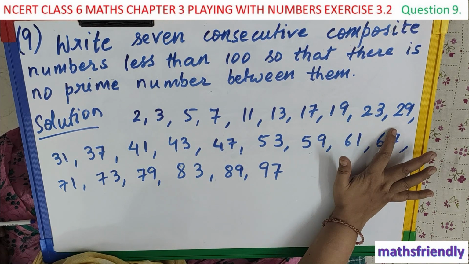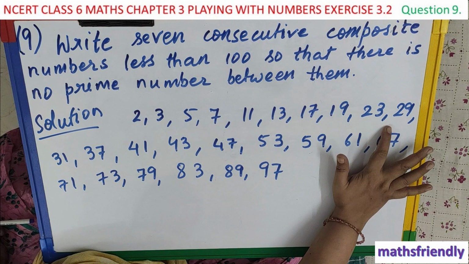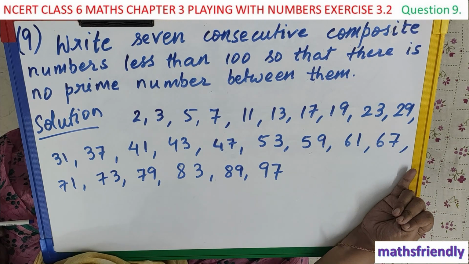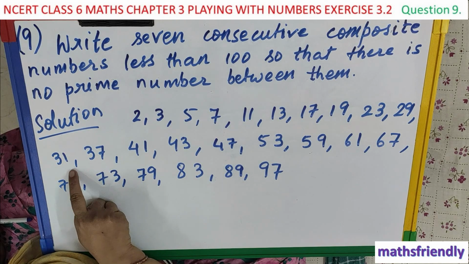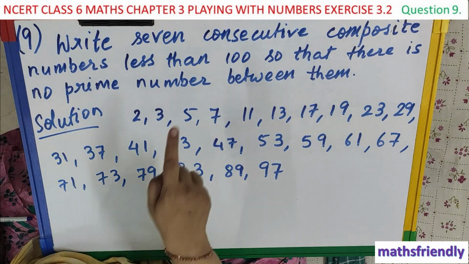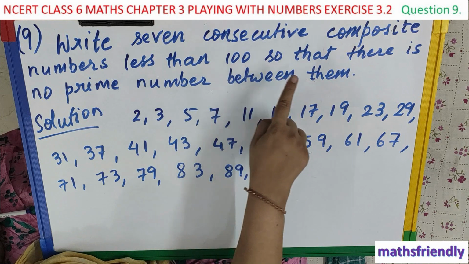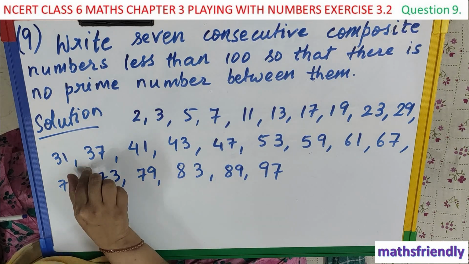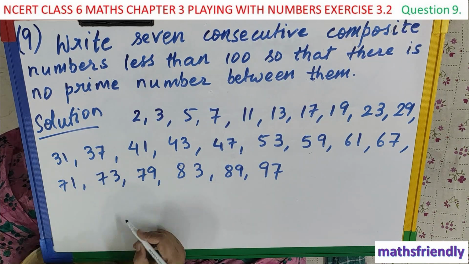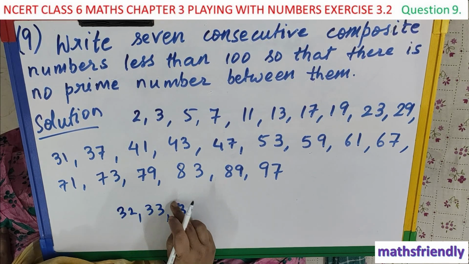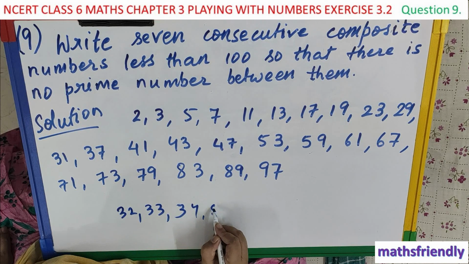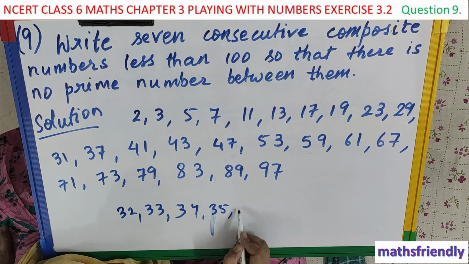Okay, between these two numbers we have 5 numbers, 24, 25, 26, 27, 28, right? Between these two numbers we have 5 composite numbers, but in this question we have to write 7 consecutive composite numbers. So after 31 we have 32, 33, 34, 35, 36.